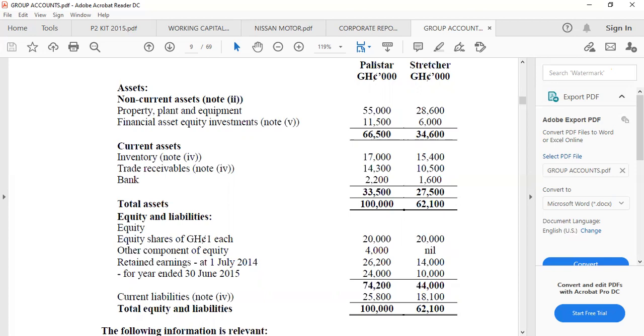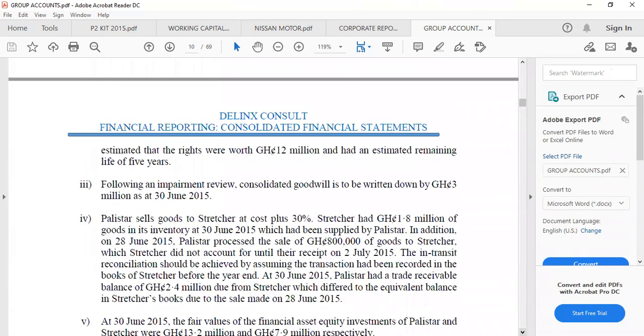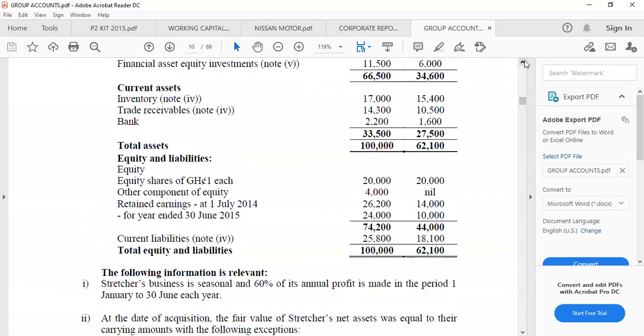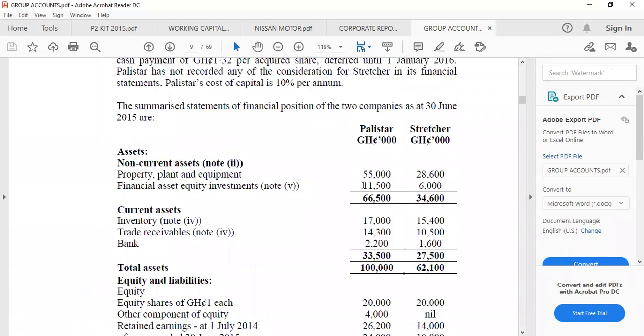Please, the footnote again, I did not hear. Okay. At 30th June 2015, the fair value of the financial equity investments of Polystar and Stretcher were 13.2 million, which is 13,200, and 7.9 million, which is 7,900 respectively. So for Polystar, what is the value of the equity investment in their statement of financial position?